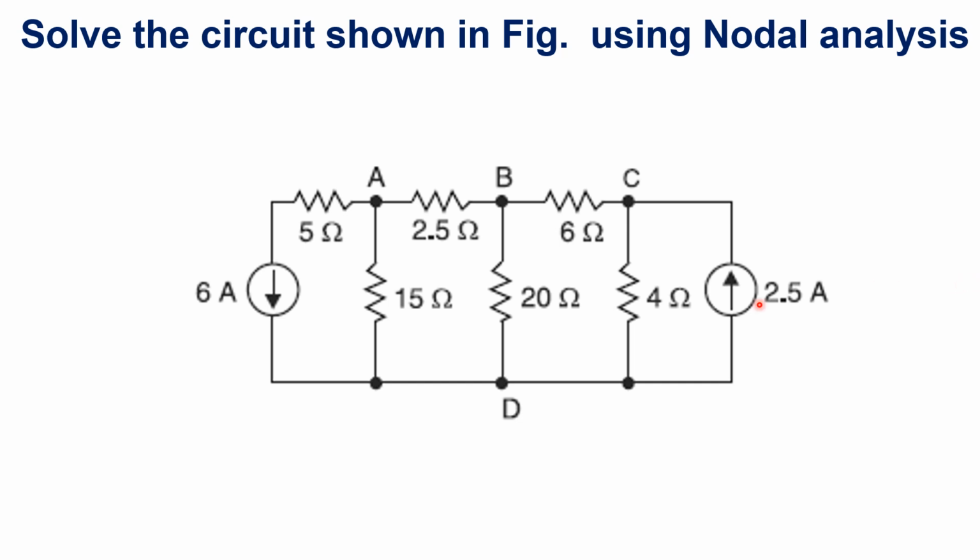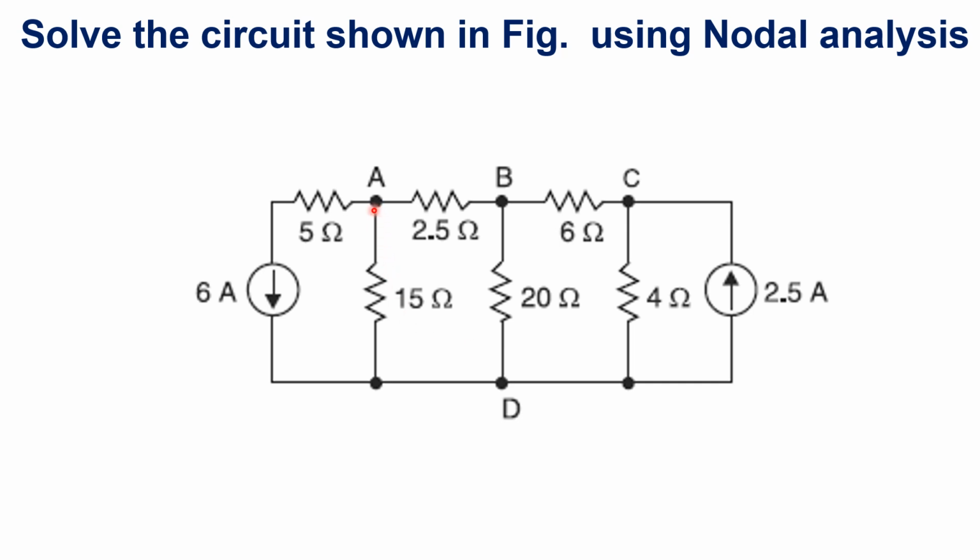I have taken a problem of a circuit having a 6 amp current source and a 2.5 amp current source at the other end, and the resistors are connected as shown in the figure, with the values I have mentioned.